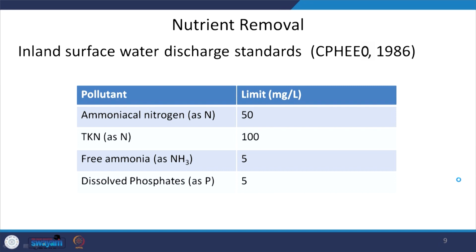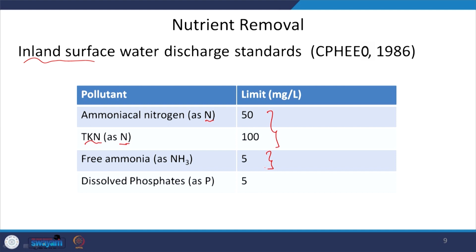Now the nutrient standards from the CPHEEO manual, if you are discharging water or treated wastewater into inland surface water, let us say. I believe people have been revising it. So, ammoniacal nitrogen, expressed as N, this is not NH4+ itself, but as N, and then TKN again expressed in the units as N. You have different standards again for free ammonia, let us say.